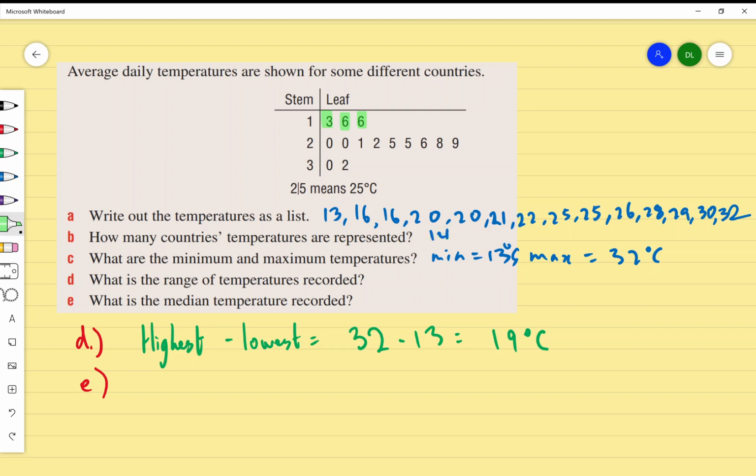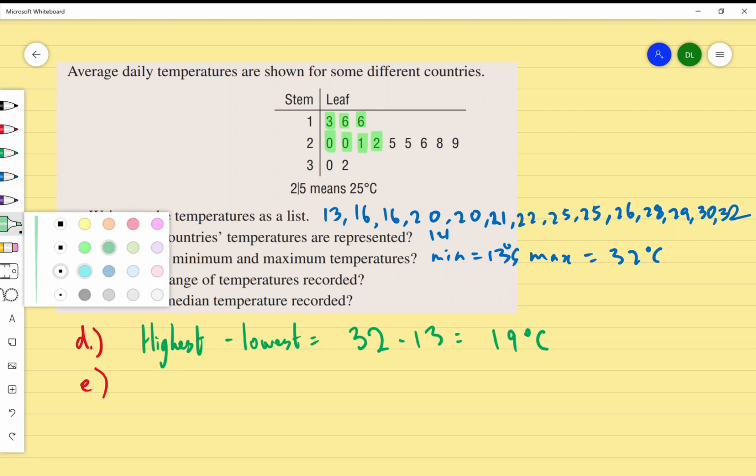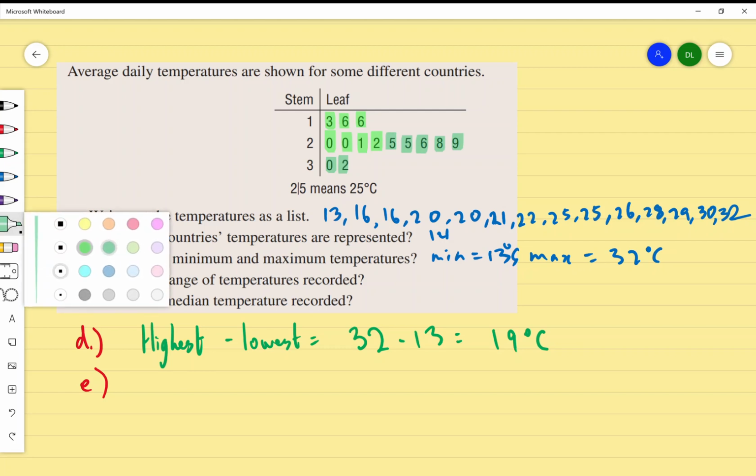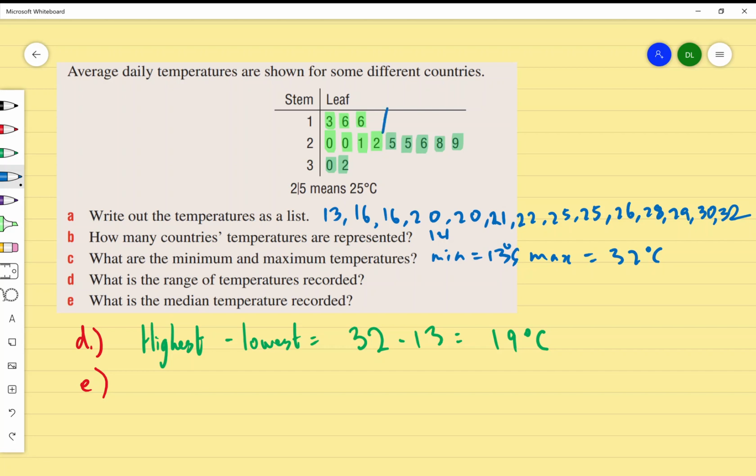So I'm going to go 7 each way. So that's 1, 2, 3, 4, 5, 6, 7. That's the 7th number. If I go backwards, you can see 1, 2, 3, 4, 5, 6, 7. The number that's our median is actually the number in between. It's going to be the number right here.